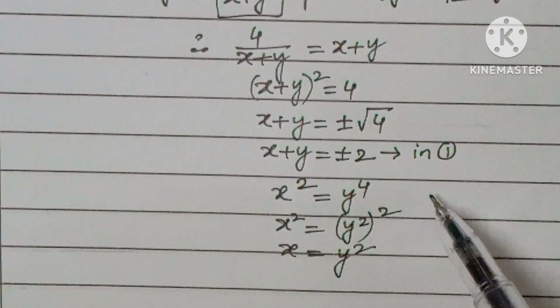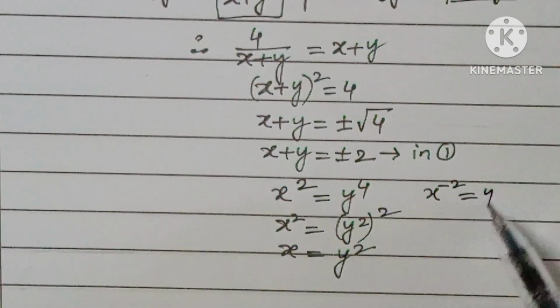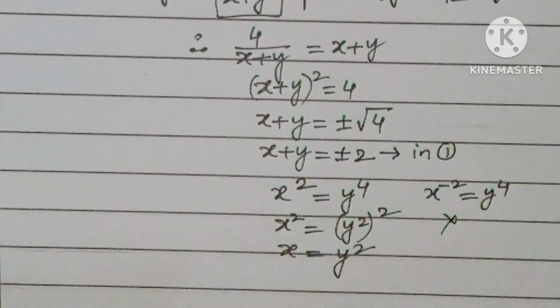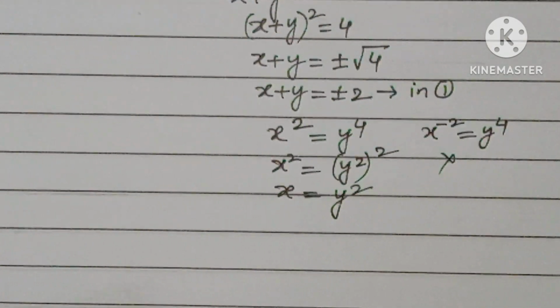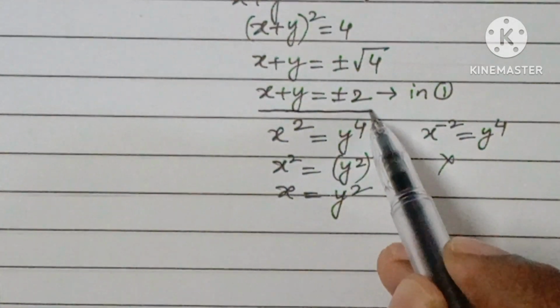So if you take minus 2, x to the power of minus 2 equals y to the power of 4. So it is not possible here, positive and negative values. Now replace this in this equation.